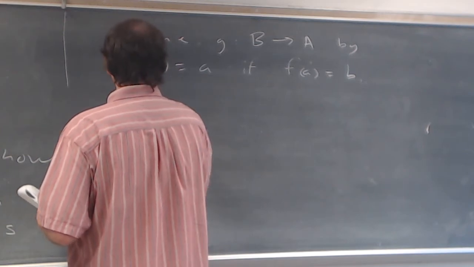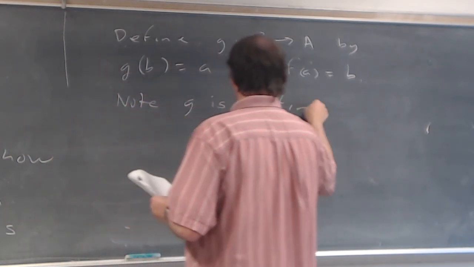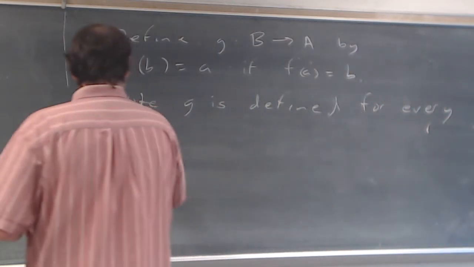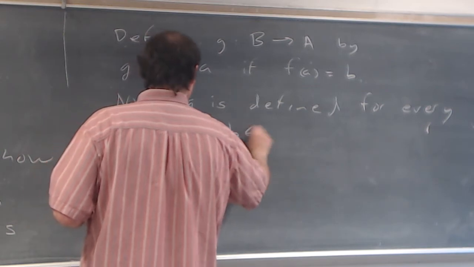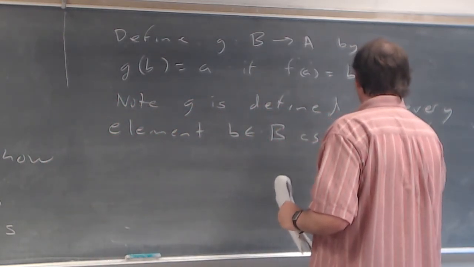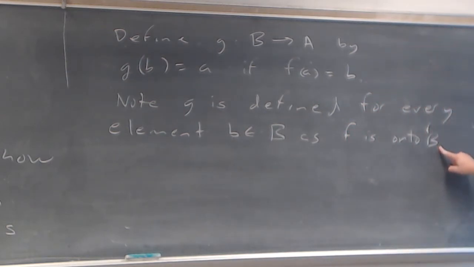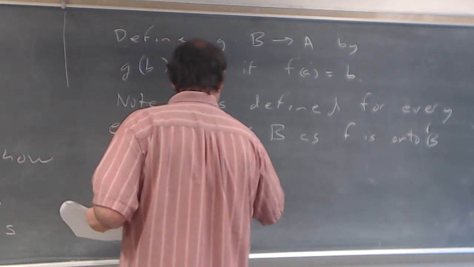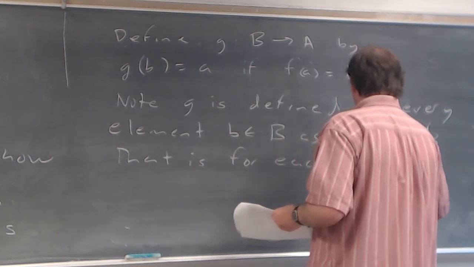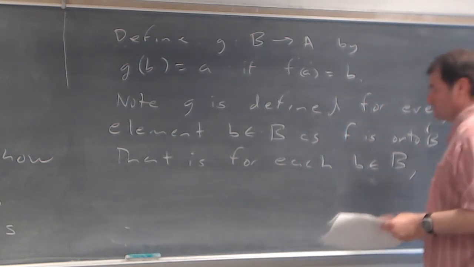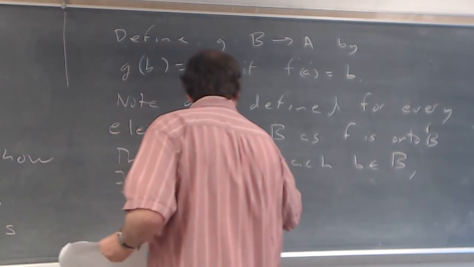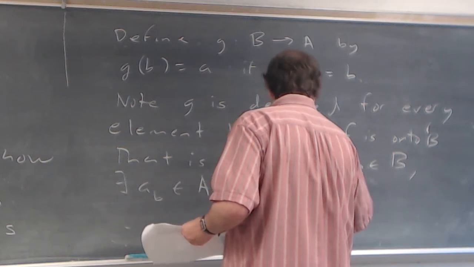And the first thing to note is g is defined for every element little b in B as f is onto B. That is, for each b in big B, there exists an a sub b in A such that f of a sub b is equal to b.